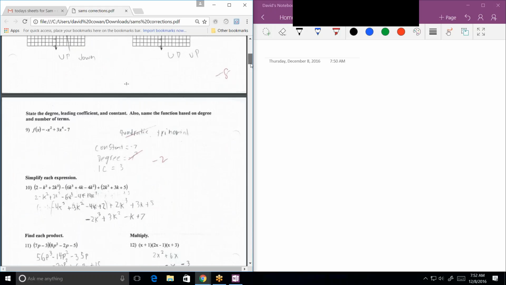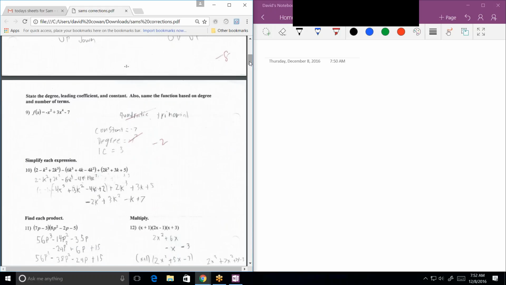All right, so 9. State the degree, leading coefficient, and constant. Also name the function based on degree and number of terms. Okay, it is a quadratic for sure. It's a trinomial for sure. Constant is -7.